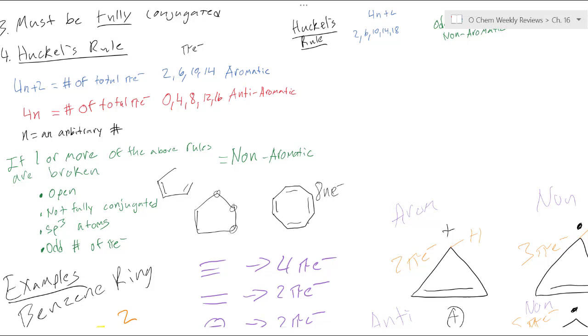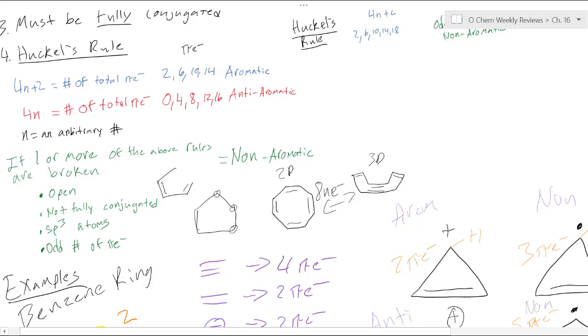Sorry, a tub structure. So let me see if I can draw it. Okay, 1, 2, 3, 4, 5, 6, 7, 8. So there's a double bond there, there, there, and there. Okay, so that's what it looks like in a 3D model. So this is the 2D version of it, and this is the 3D version of it.